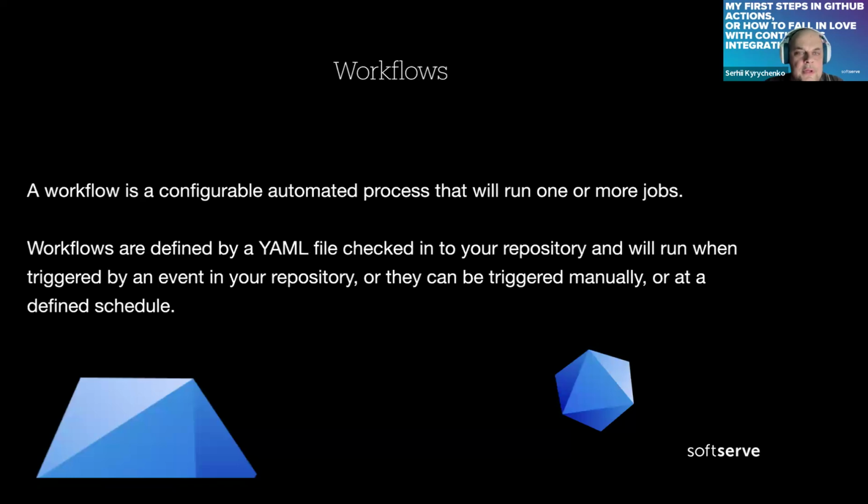Here it's a good old YAML. All you really need to know is how many indentations you should have to make sure that your job runs properly. So these YAML files are checked into your repository, and they will run when triggered by an event in your repo, or workflows can be triggered manually or at a defined schedule.